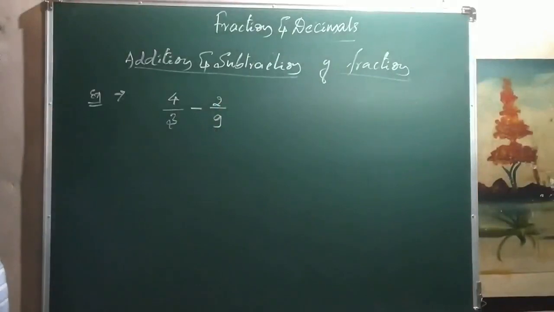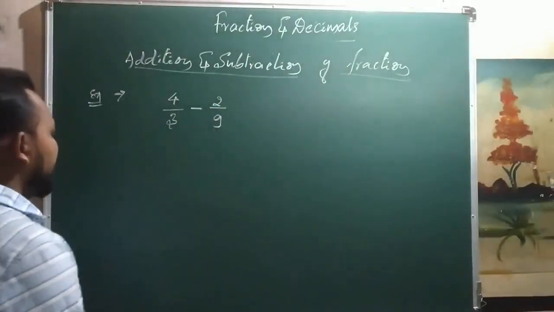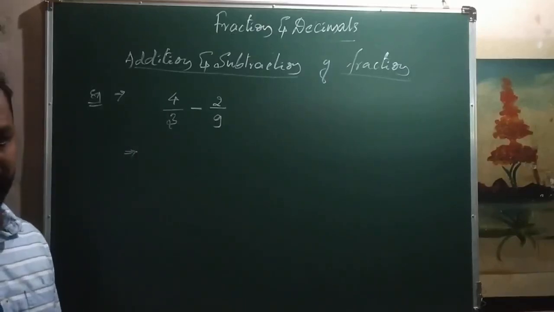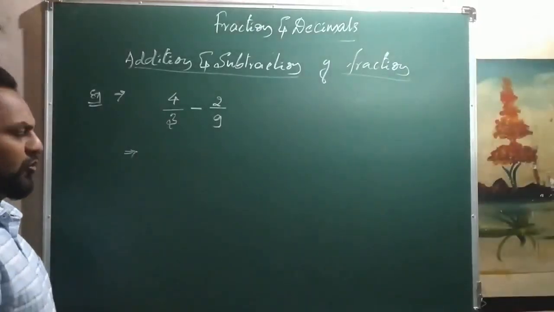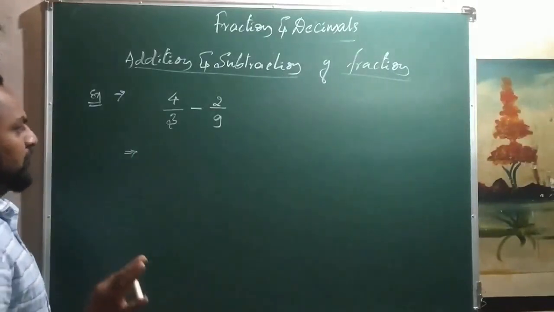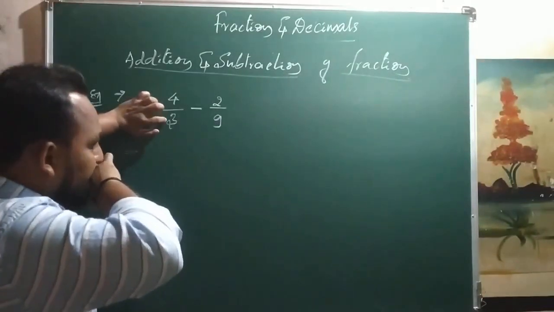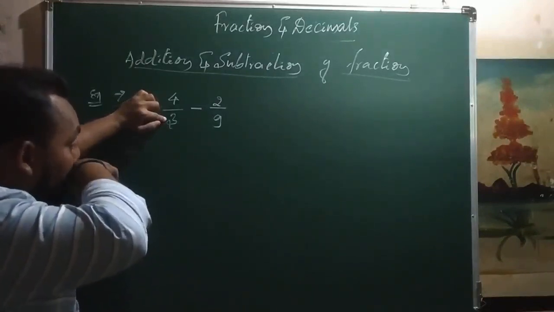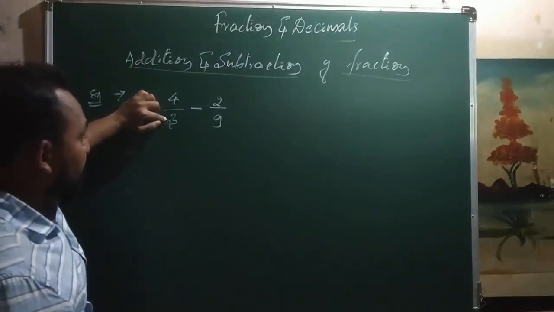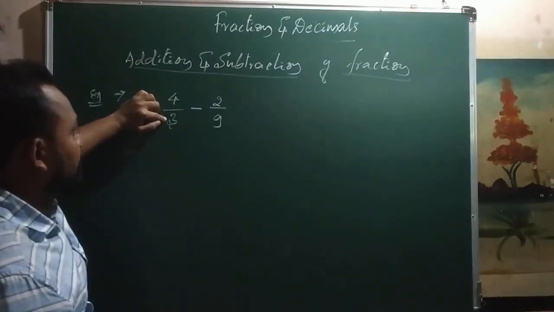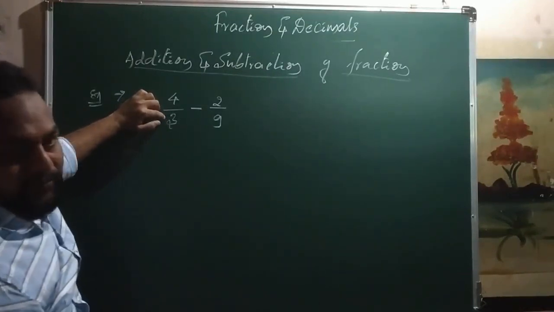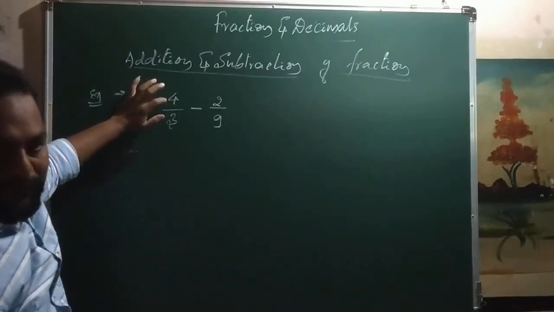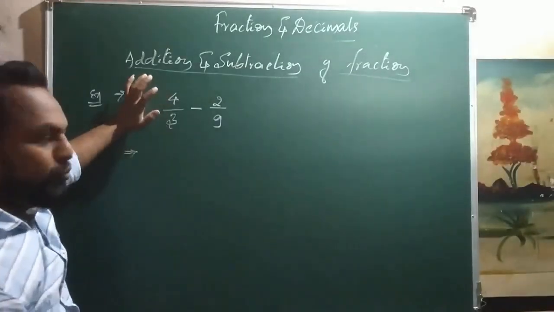Then here 3 and 9. First take the LCM of 3 and 9, or write the equivalent fractions of 4 by 3 and 2 by 9.